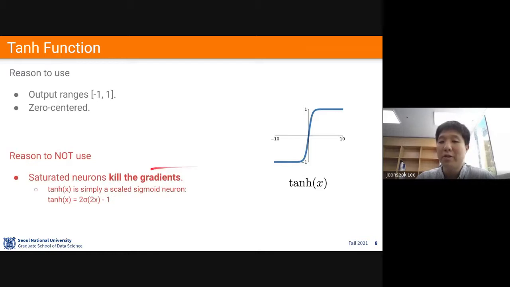But still, the killing gradients happens, which is the most serious problem with sigmoid. And indeed, this tanh function is just a scaled version of the sigmoid function. So we are still not overcoming that problem. You see that with large inputs, like 10 or -10, we have gradients of almost 0.